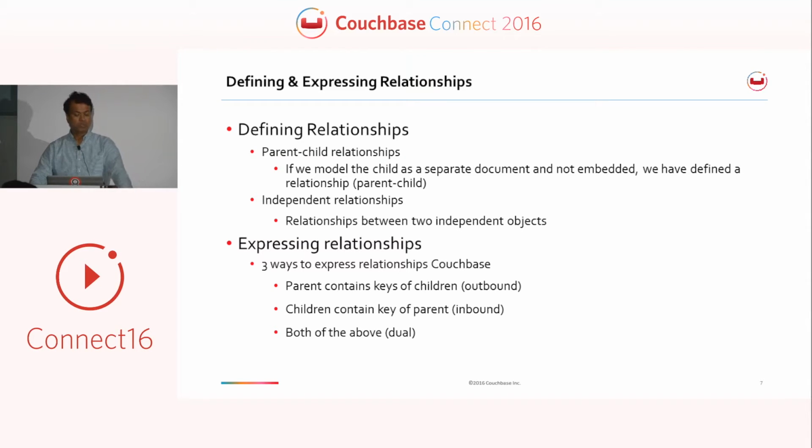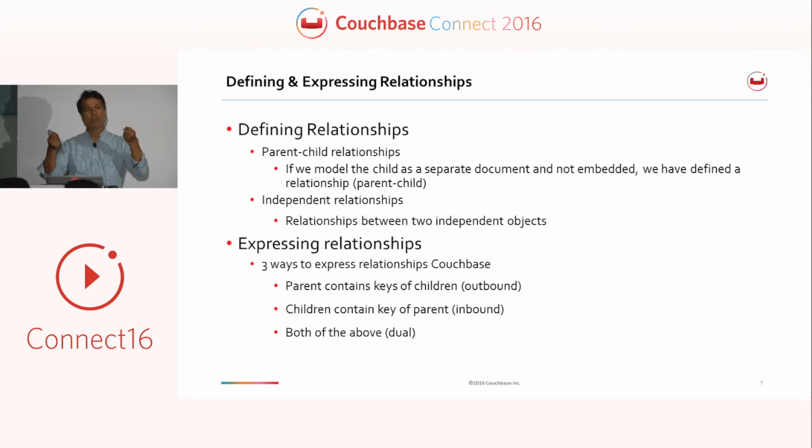There are three ways to represent these relationships in Couchbase. The parent, if it doesn't already embed the child within the object, can have a pointer. That means it can contain the document keys of its children. So to represent relationships within Couchbase, it's best to have one object containing the document key of the other object, because the joins in Couchbase are done through the document keys.